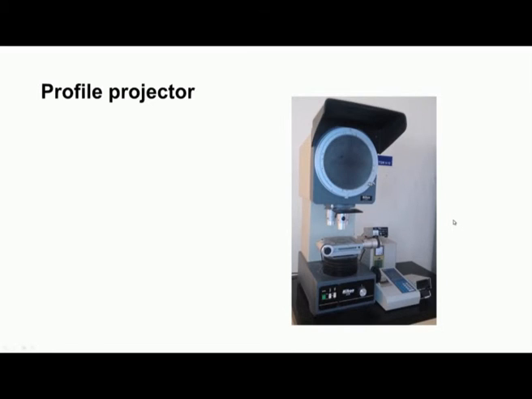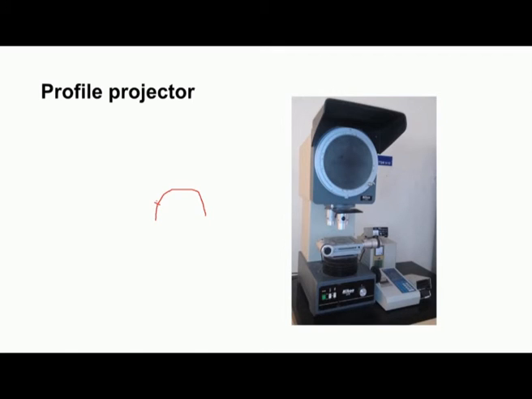And then we can use a profile projector for measuring the radius. So, we have to select the appropriate functional key in the data processor. Say we want to measure this radius.